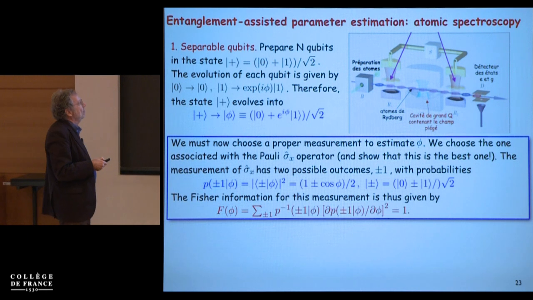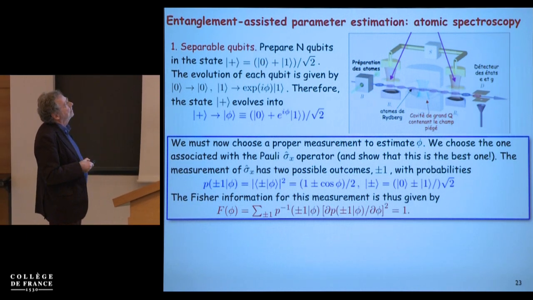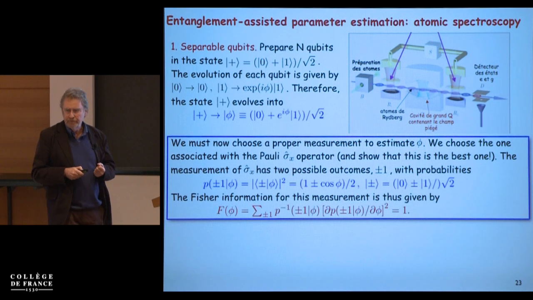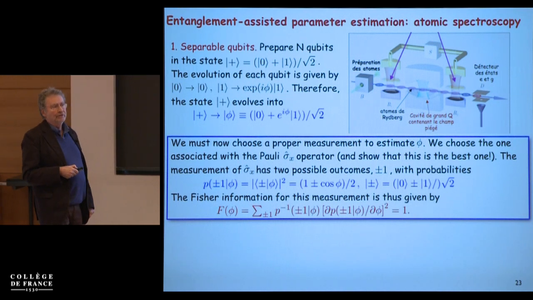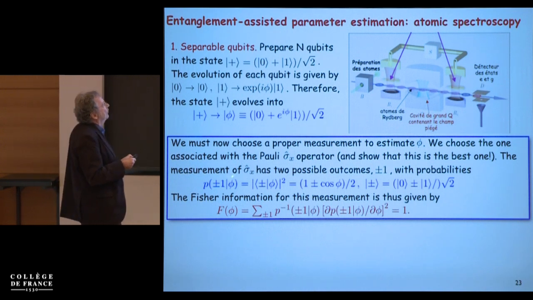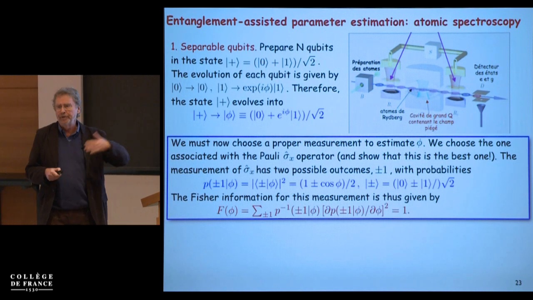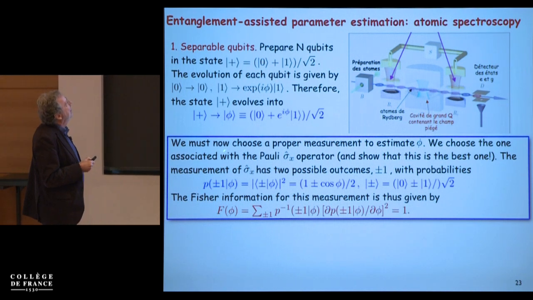Okay. Now, you must now choose a proper measurement to estimate this angle phi. And we are going to choose the one associated to the Pauli sigma x operator. In fact, we are going to show that that's the best measurement in this case. So the measurement of sigma x has two possible outcomes because it's a spin operator, it's +1 or -1. The eigenstates of sigma x are given by this expression here.